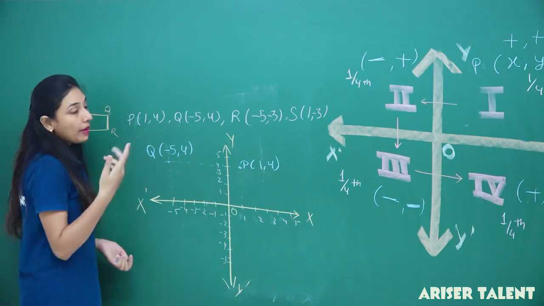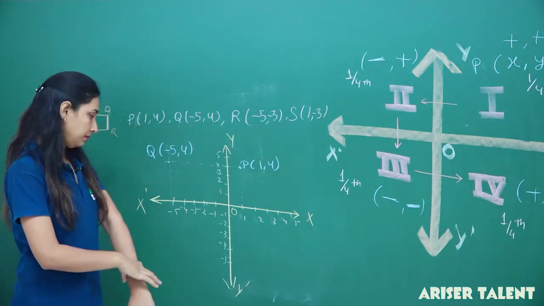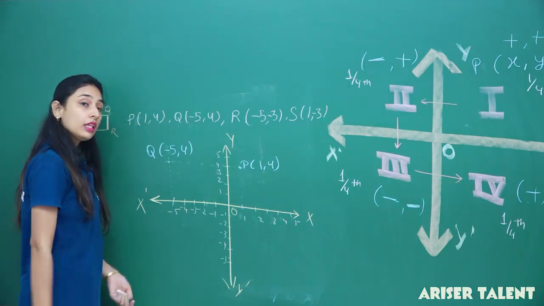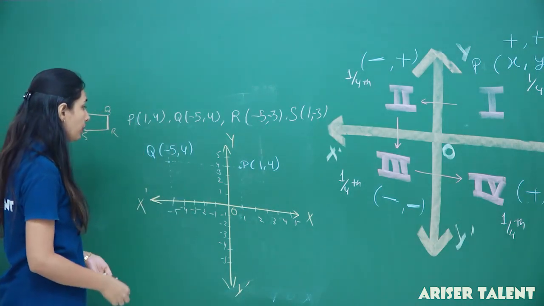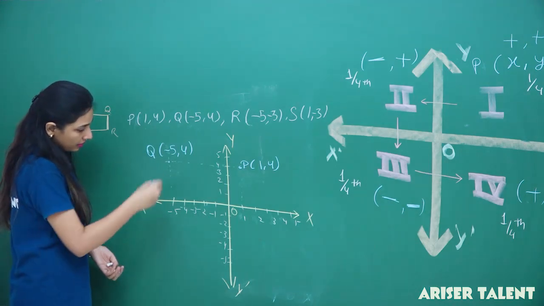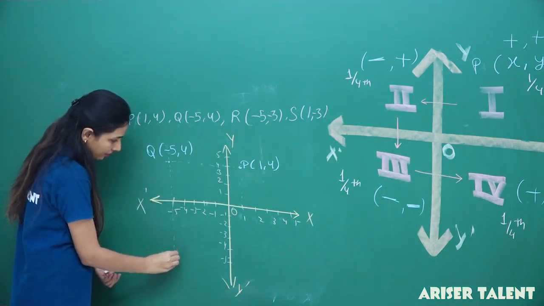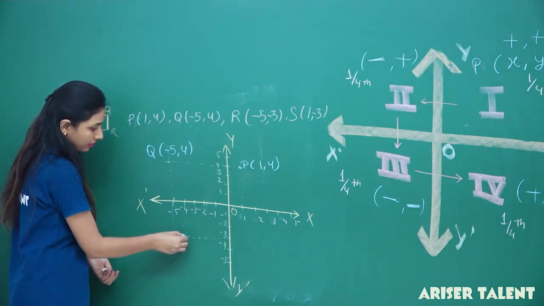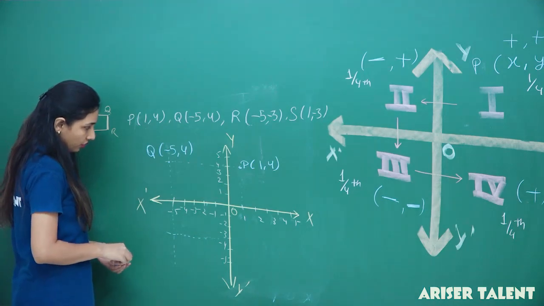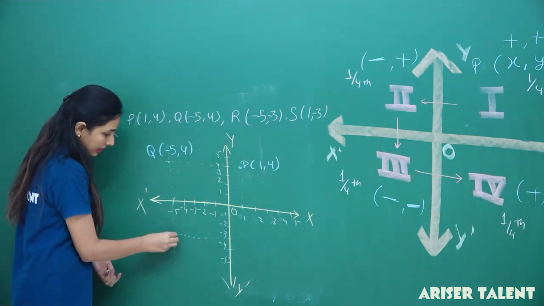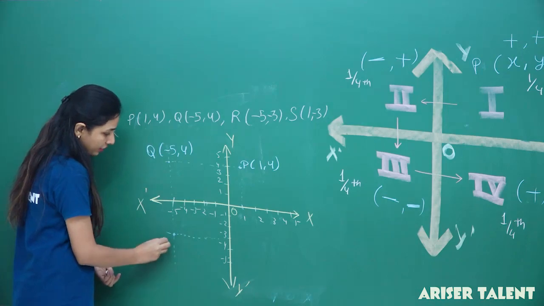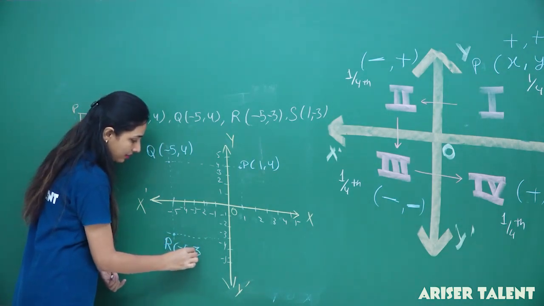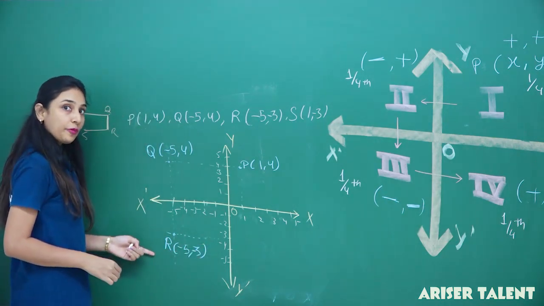Now the third, R, is in the third quadrant, where both are negative. So we'll be joining this -5 and this -3 here. This is our point R, that is (-5, -3).